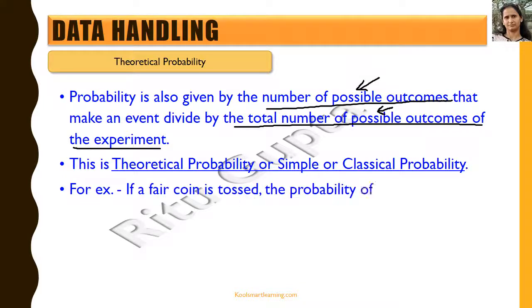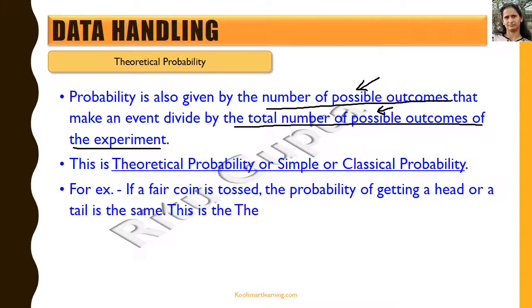For example, if a fair coin is tossed, the probability of getting a head or a tail is the same, right? So why do we always say fair coin? Supposing a coin is made in such a way that one of its surfaces is not plane.